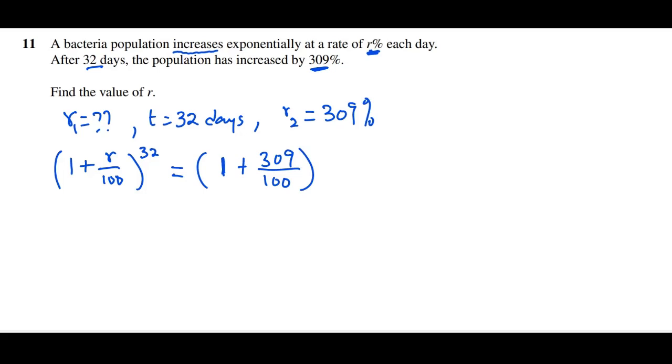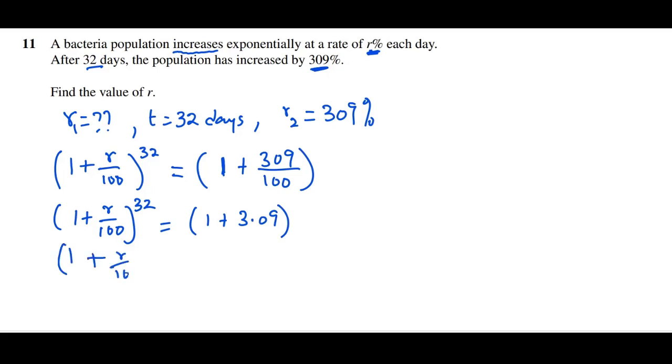So now we have 1 plus R over 100 raised to power 32 equals 1 plus 3.09. So we have 1 plus R over 100 raised to power 32 equals 4.09. So you are going to take the 32nd root of the right-hand side.